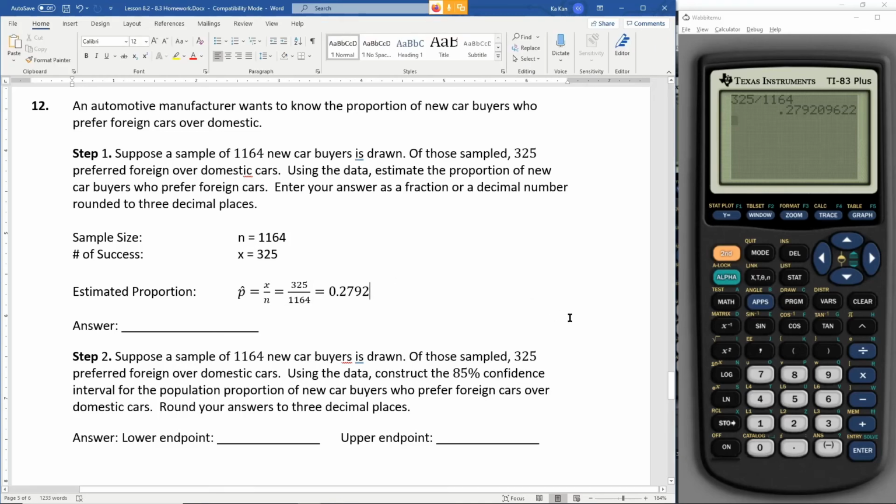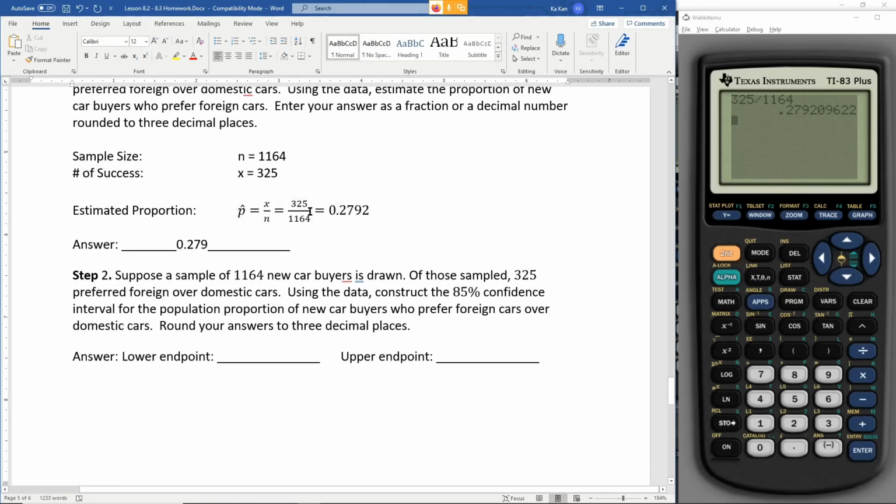In other words, an estimated 27.92% of people would like to buy a foreign car over domestic. I'll put 0.279 because they want you to round to 3 decimal places. So this one is easy enough, but the whole idea is to get that p-hat.